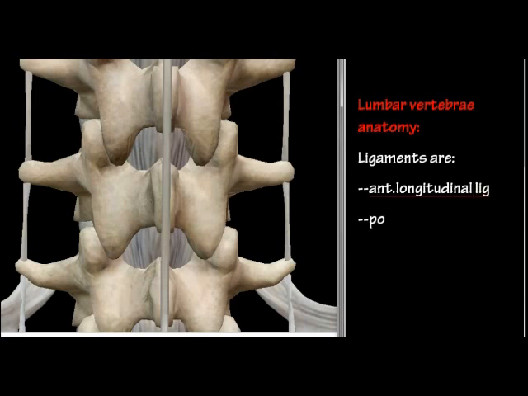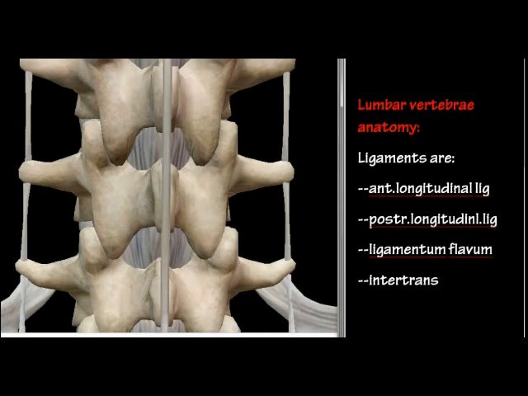There are 5 ligaments in the lumbar vertebra. They are anterior longitudinal ligament, posterior longitudinal ligament, ligamentum flavum, intertransverse ligament, and the interspinous ligament.